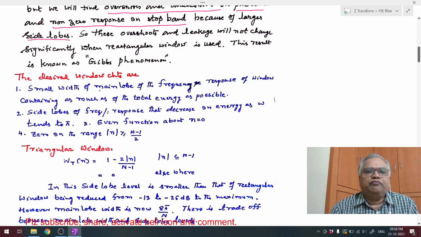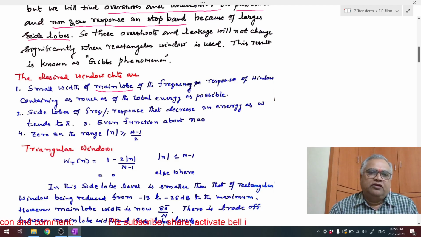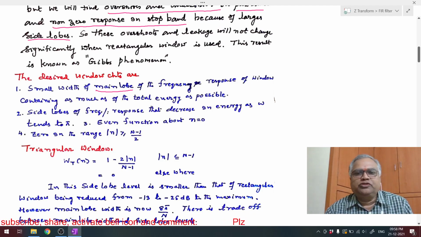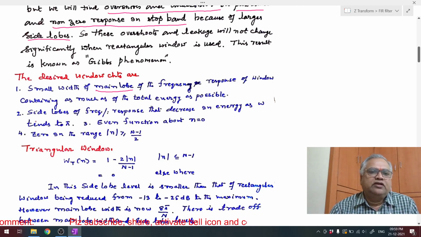So main lobe width should be small, and the maximum possible total energy should be available in the main lobe. This is one important characteristic.